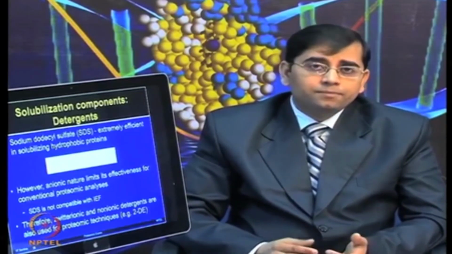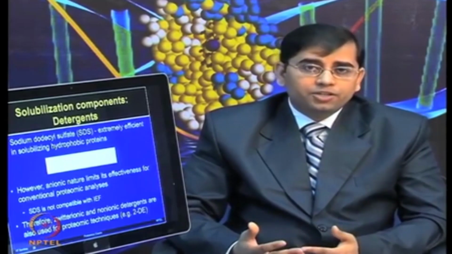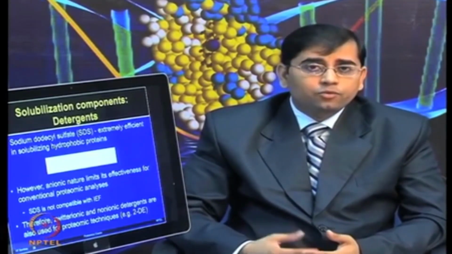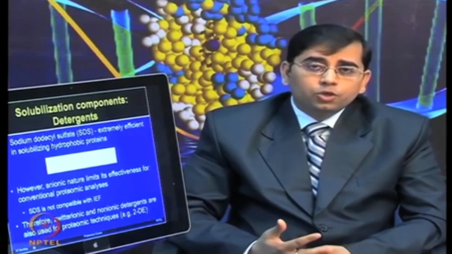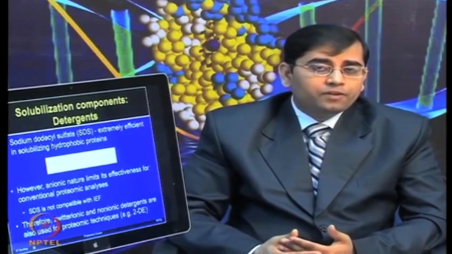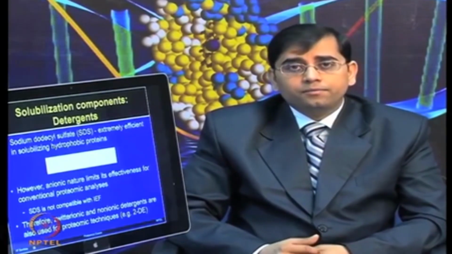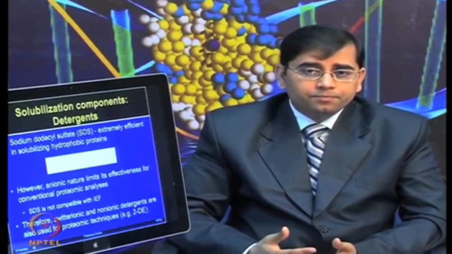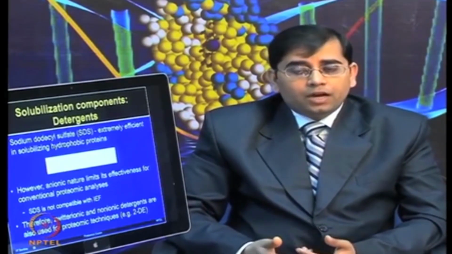If your objective is to extract the protein and separate it on SDS-PAGE, then SDS is very useful. But if you want to do 2DE or DIGE or other advanced gel-based proteomic applications, where you cannot use SDS, zwitterionic and non-ionic detergents are used.